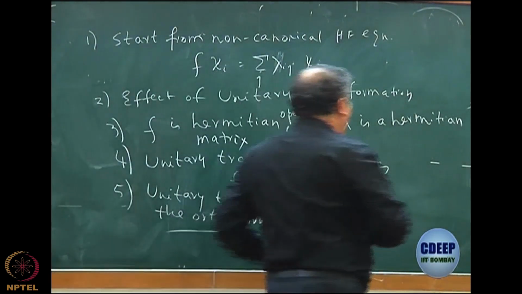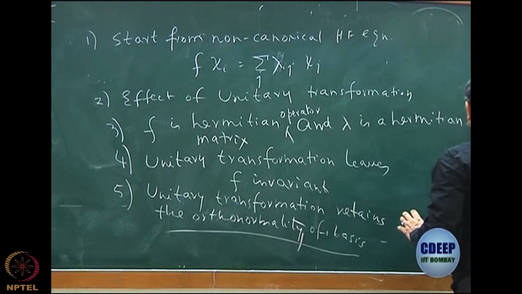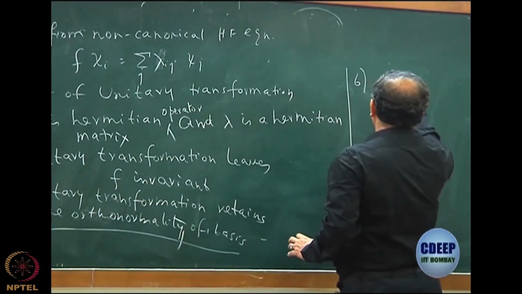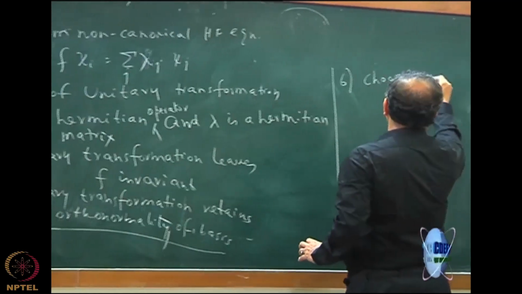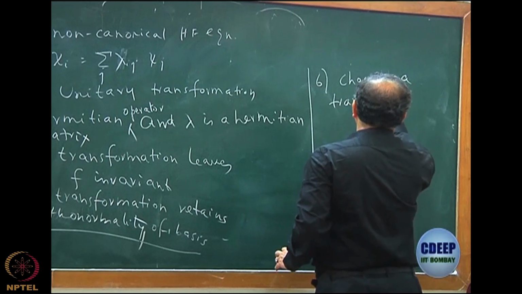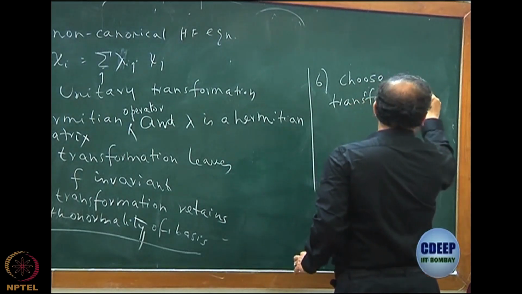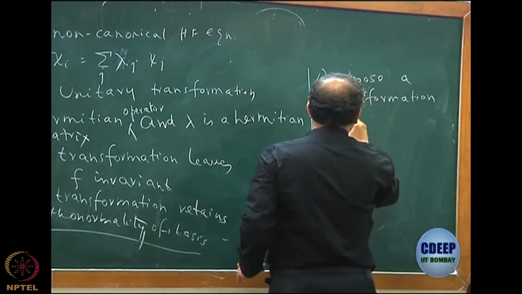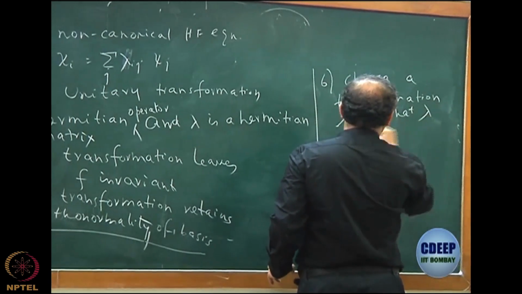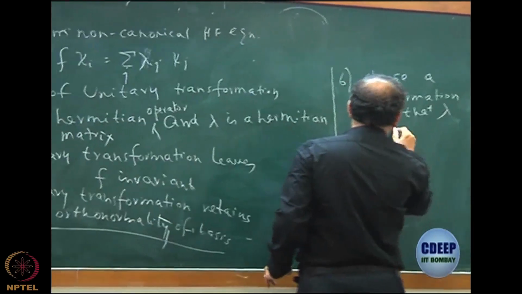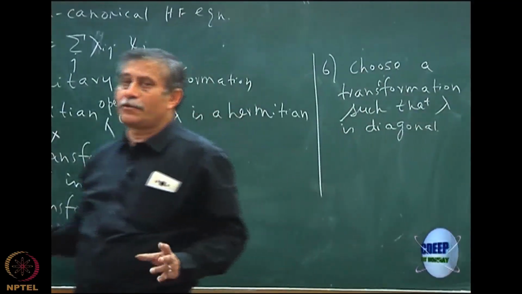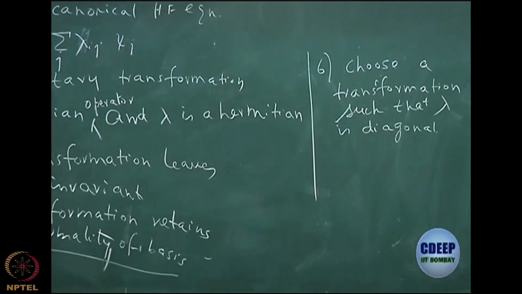Then what we said, that after having known all this, we are now merely saying choose a transformation such that lambda is diagonal. This is my choice. So please note that by an arbitrary unitary transformation, I cannot make lambda diagonal.